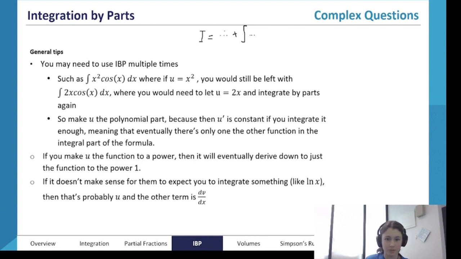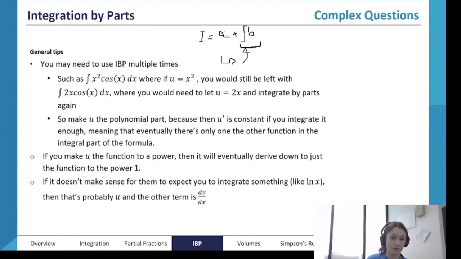Maybe you have a and the integral of b. So we just applied our formula, we've put everything in, but we still can't integrate this part here. It's better than it was before, but we still can't integrate it. What we need to do then is apply integration by parts to this integral here.